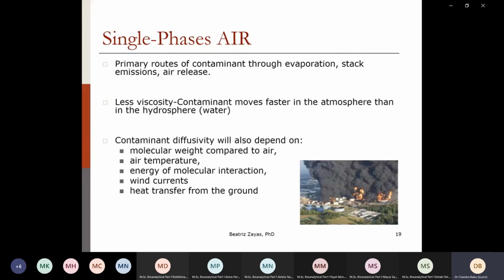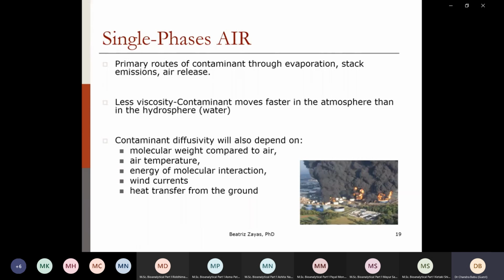When we talk about how these substances move in air, we should consider that air is the primary route of contaminants through evaporation, stack emissions, and air release. However, you should consider that there is less viscosity in air, so contaminants move faster in the atmosphere than in water. That could vary from place to place, since some places have higher humidity.